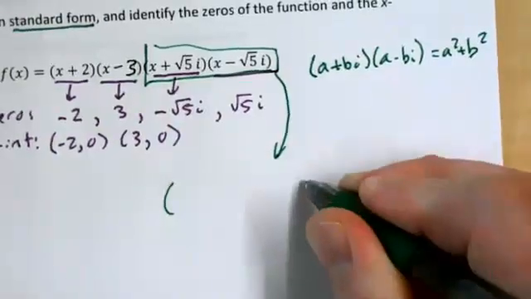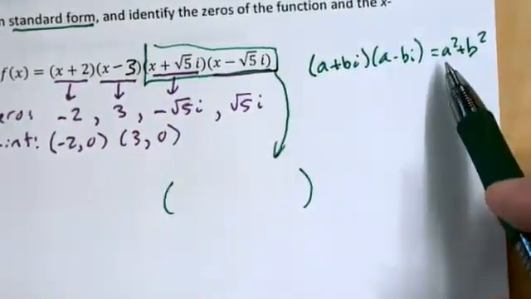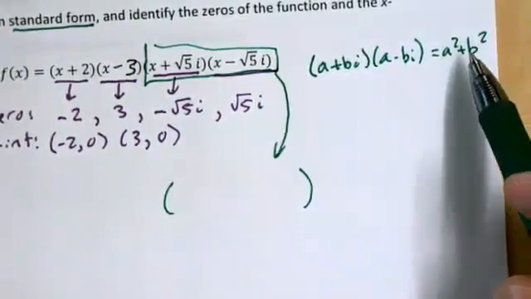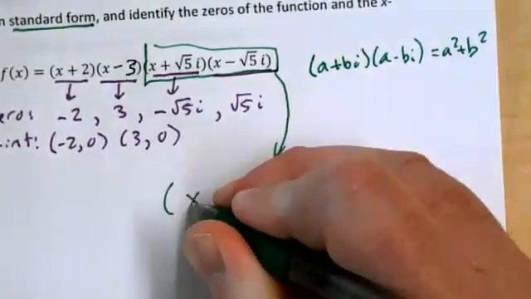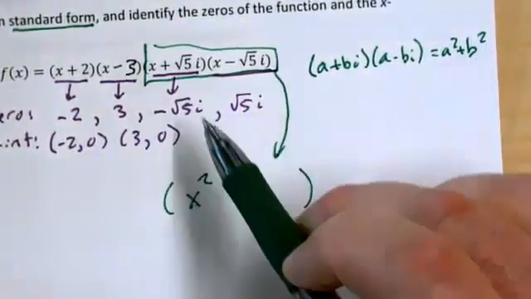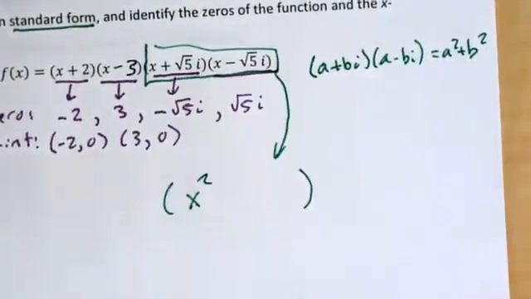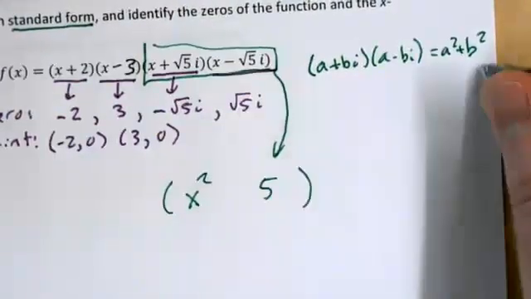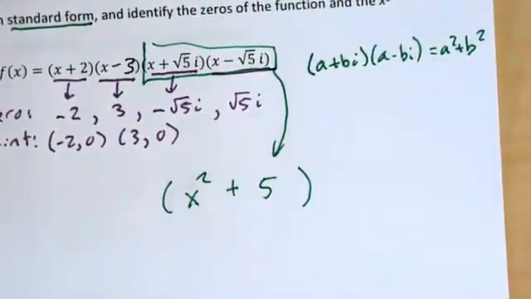Those are complex conjugates, so we should be able to apply this shortcut here. When we multiply them together, our a is just an x here, so we square that. My b is √5. So we square √5 and we get 5, and the shortcut tells us to put a plus in between, so x squared plus 5.